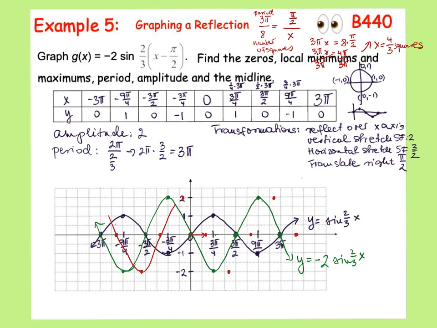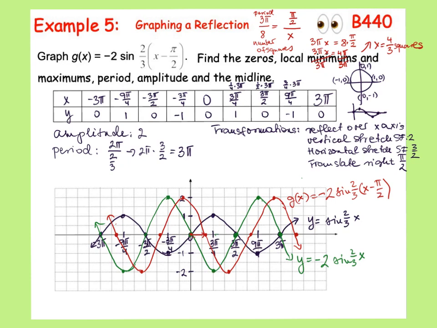And this is going to be my final graph for this particular function. And this red graph is going to have the equation g of x equals -2 times sine 2/3 x minus pi over 2.